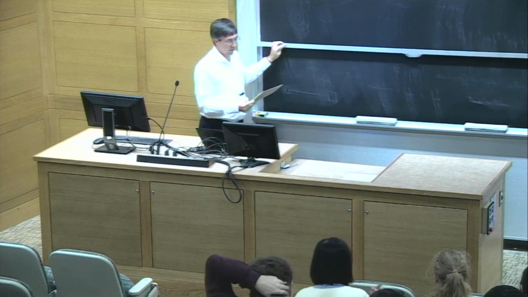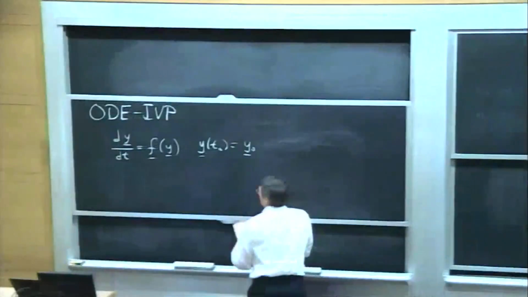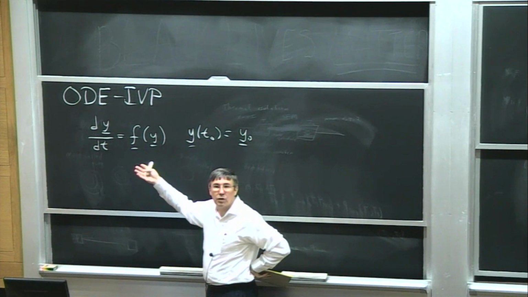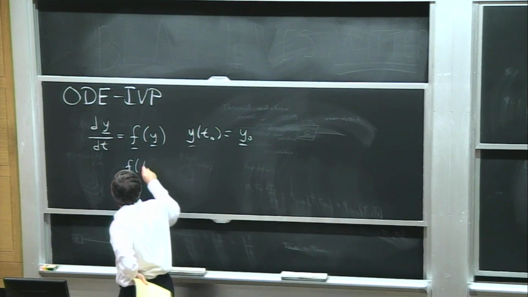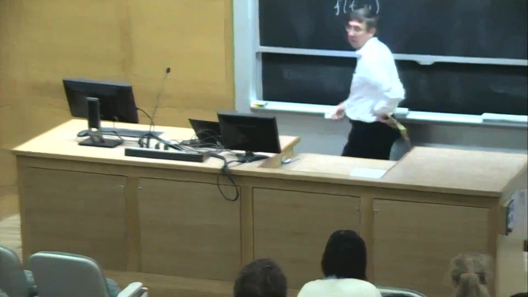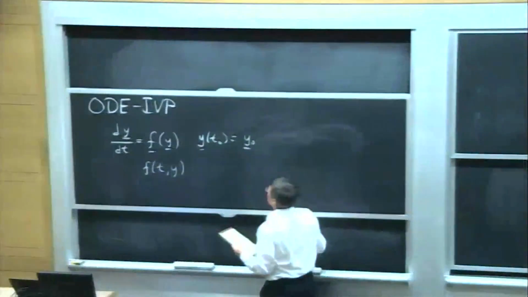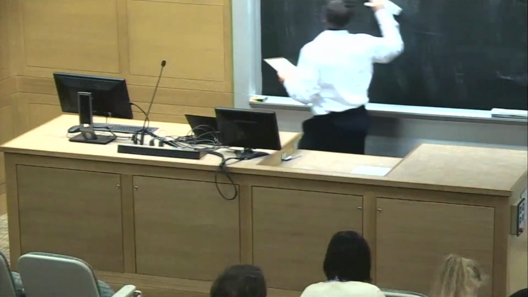I would also comment that I'm going to just talk about f of y. However, the ODE solvers in MATLAB expect f of t comma y as their form. So let's explain a little details about this.